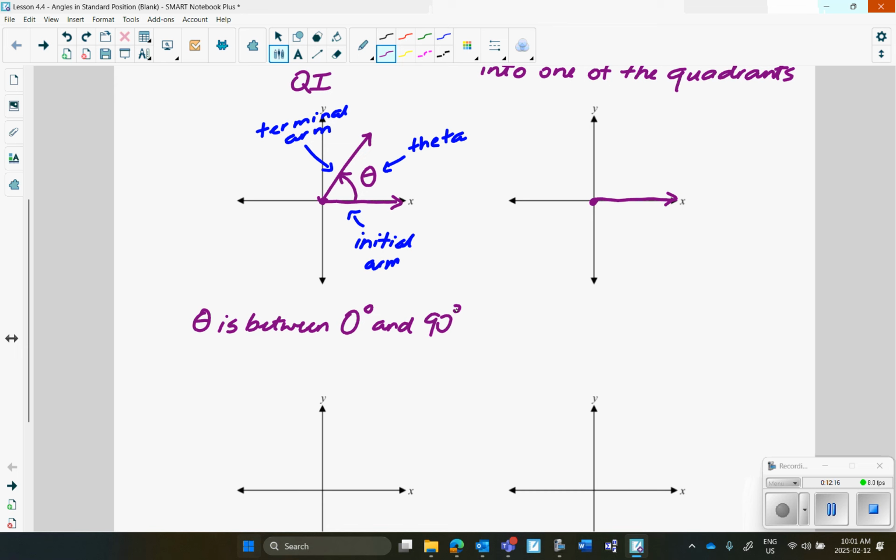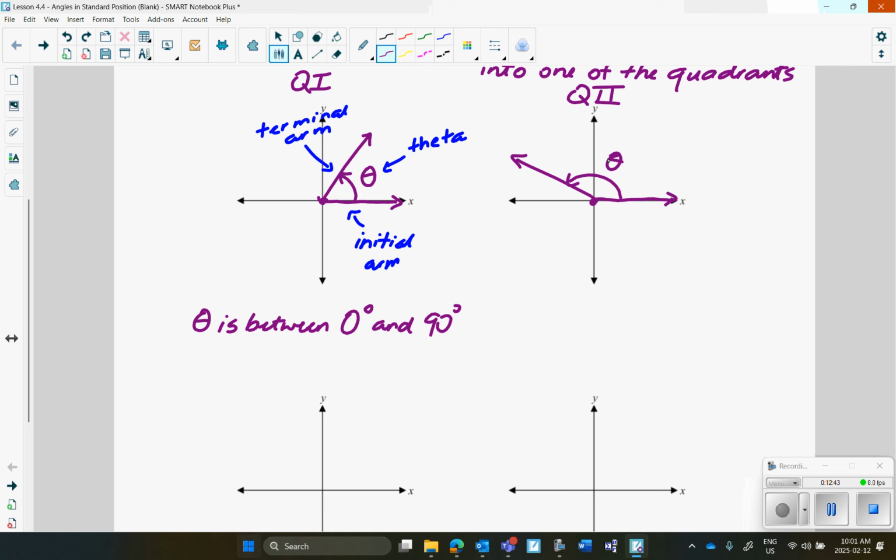So what about quadrant 2? Well, in quadrant 2, my terminal arm will go somewhere in here. And then my angle, called theta, goes from the initial to the terminal. What are the angles I could draw in quadrant 2? Anywhere between, not 0, 0 is quadrant 1.